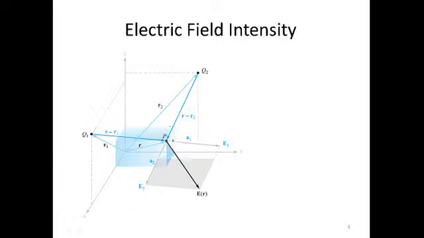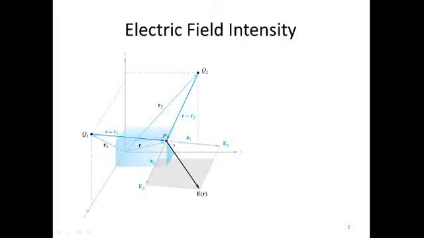Here we shall have the individual electric field intensity because of the first source charge, exerted on the field point location, directed in this direction and denoted by capital E suffix 1. Because of the Q2 charge at the field point, the electric field intensity exerted has magnitude E2, and the direction is represented here.